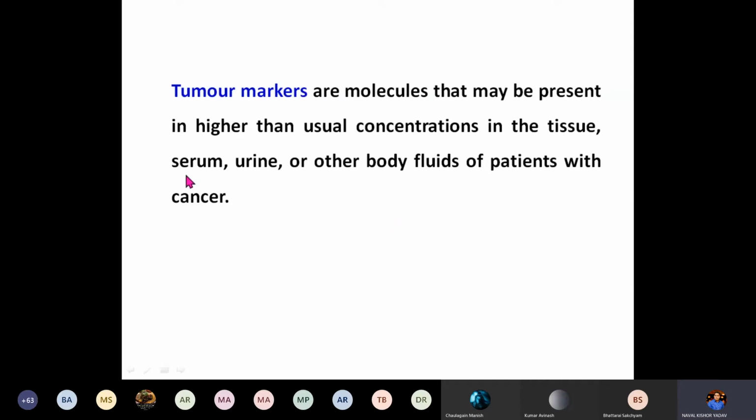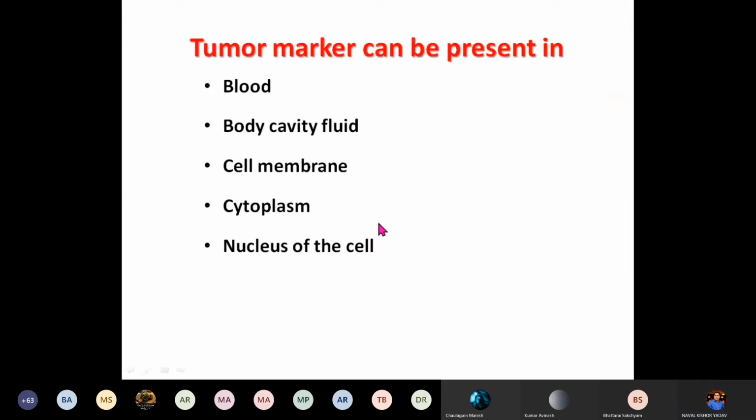So you can use blood, urine, body fluid, and even tissue as a sample for these markers in a patient having cancer. During cancer, these markers will be released. They are present in the cell membrane, cytoplasm, and nucleus of the cell as receptors. Some of the receptors also act as a tumor marker.